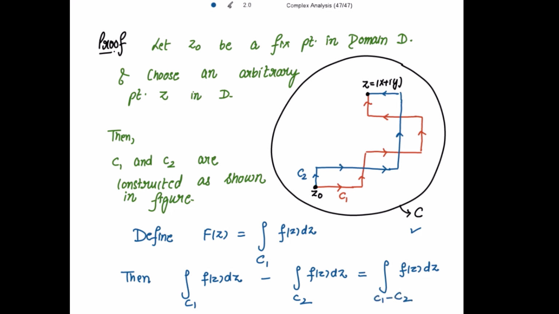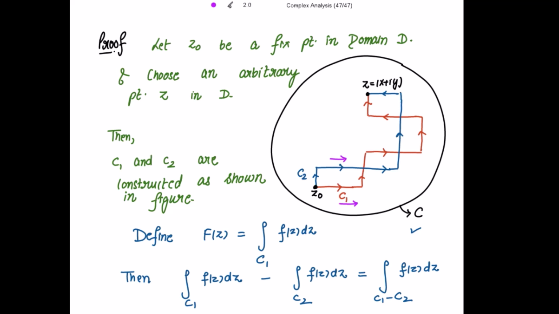Now what is the meaning of C1 minus C2? See, if you look at this first rectangle, the integral along C1 is in this direction and the integral along C2 is in this direction, that is opposite to C1, right?